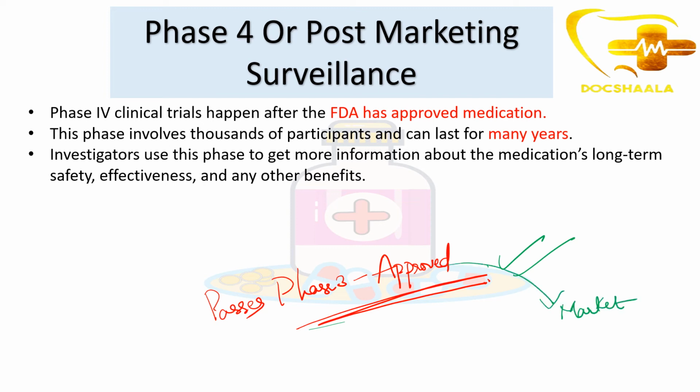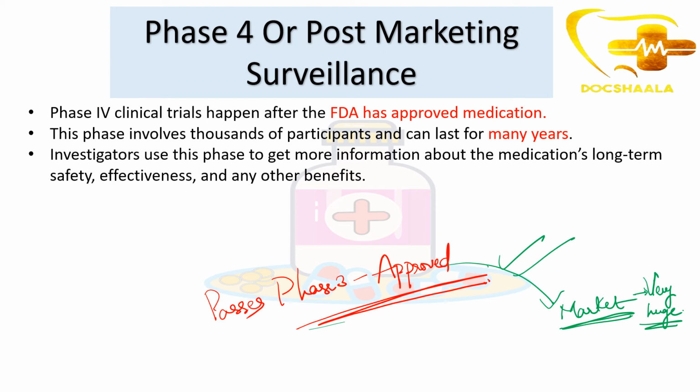In the market, it will get exposed to a very huge number of population, right? So once it goes to a very huge population, we'll do surveillance there to see what other side effects or what effectiveness the drug is showing.